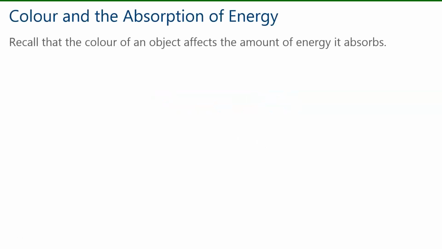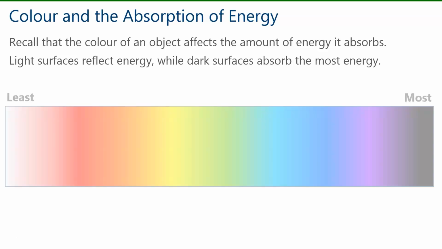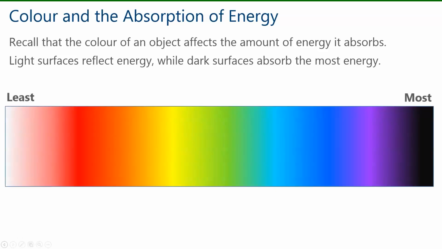Recall that the color of an object affects the amount of energy it absorbs. Light surfaces reflect energy, while dark surfaces absorb the most energy. Let's look at the colors in order from absorbing the least amount of energy to the most amount of energy. What color do you think will absorb the least amount of energy?